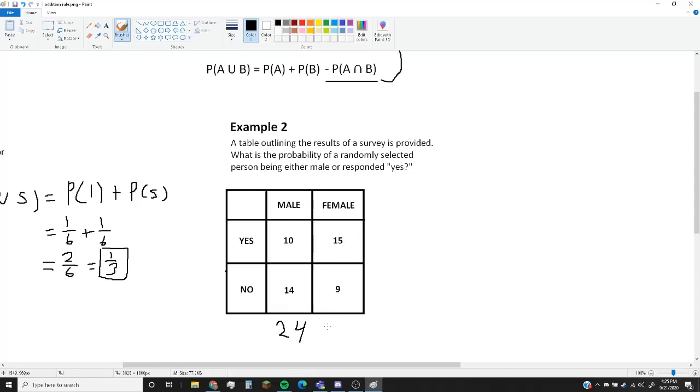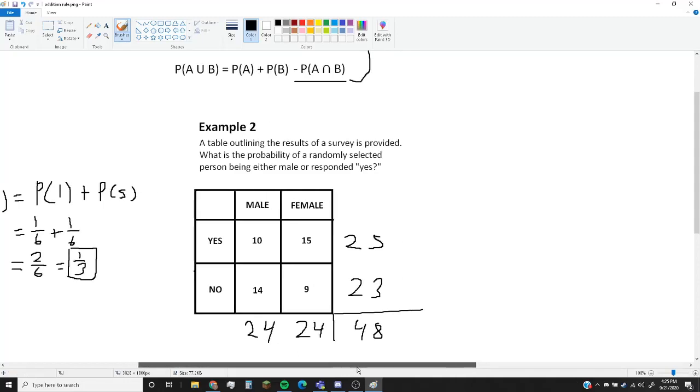Doing the same thing with the females gives us also 24. Now doing it with the yes row, we've got 25 total yeses. And the no's give us 23 total no's. And knowing all of those totals, we have an overall total of 48 people that were surveyed.